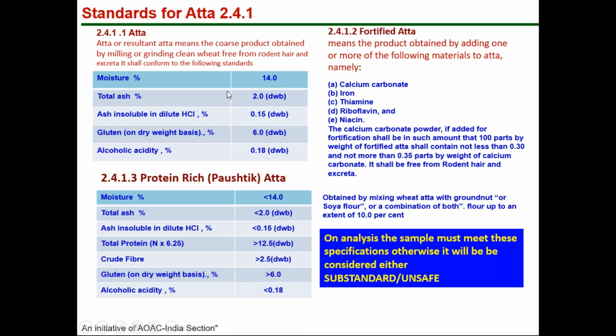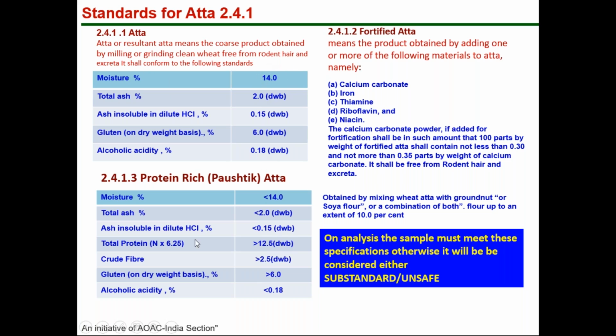The total ash cannot exceed 2% on dry weight basis. The acid insoluble ash cannot exceed 0.15%. Gluten must be above 6%, and the alcohol acidity should not exceed 0.1%. All these standards have some meaning or the other.